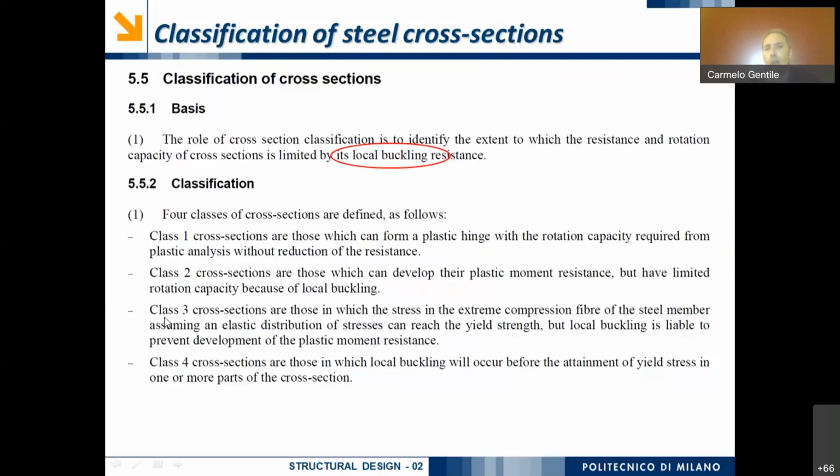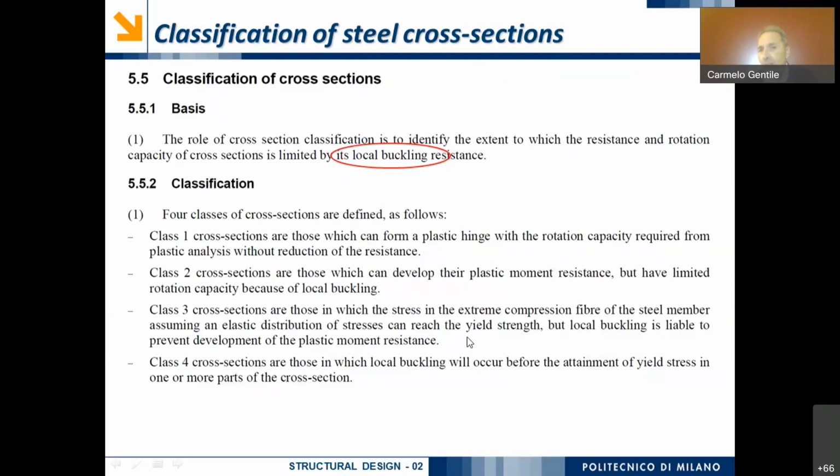Let's look at class 3 cross-sections. Class 3 cross-sections are those in which the stress in the extreme compression fiber of the steel member, assuming an elastic distribution of stress, can reach the yield strength, but local buckling is liable to prevent development of the plastic moment resistance.